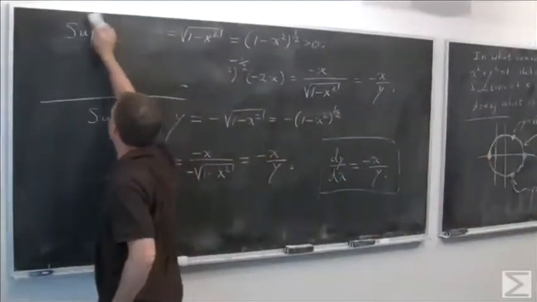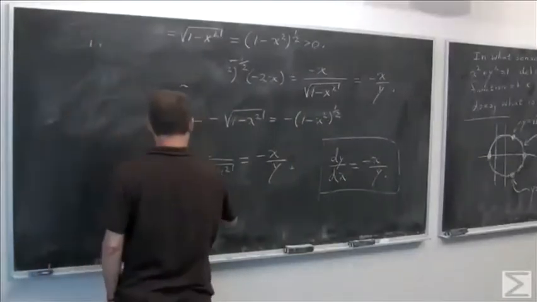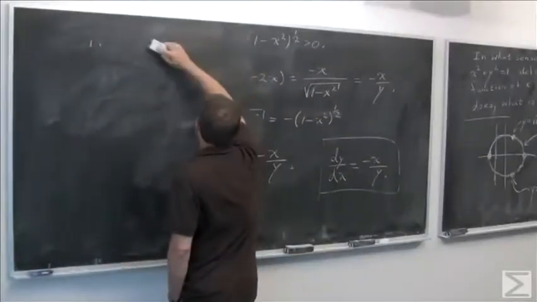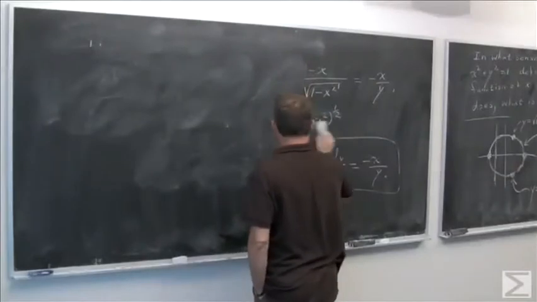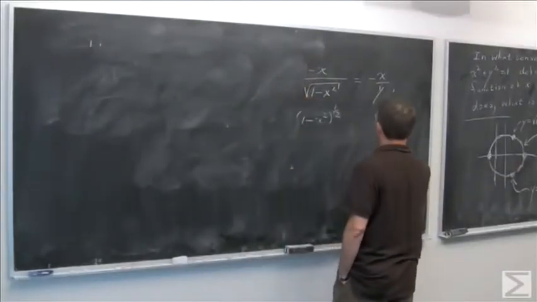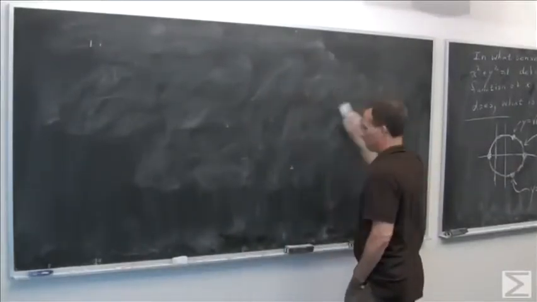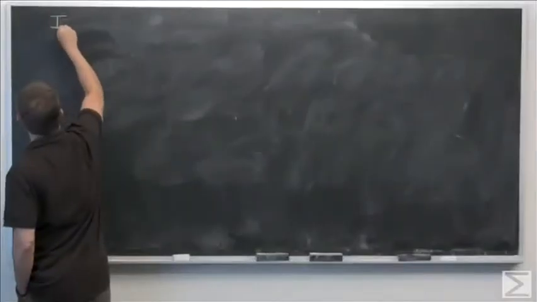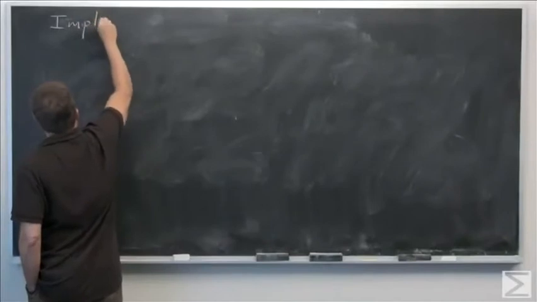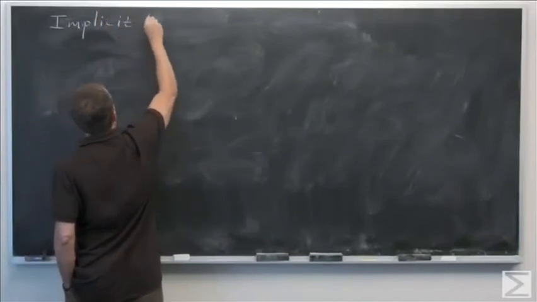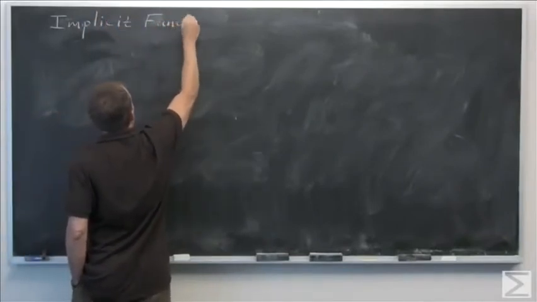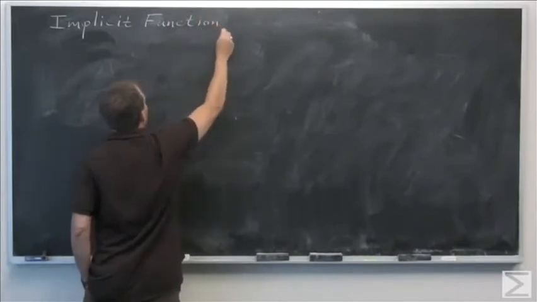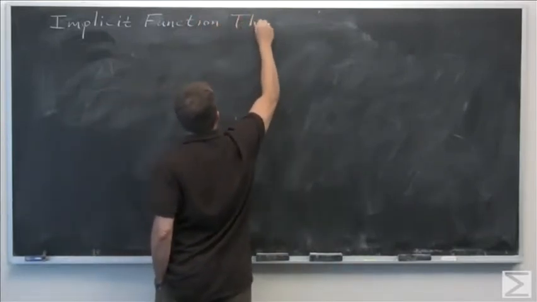And now we'll have any number of variables. So the theorem, the implicit function theorem. I won't prove this, but the proof is sketched.